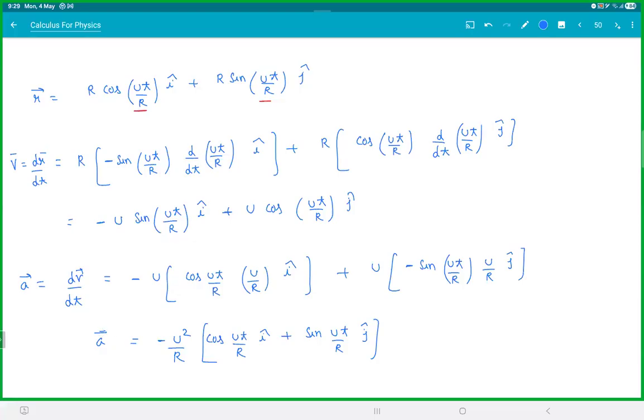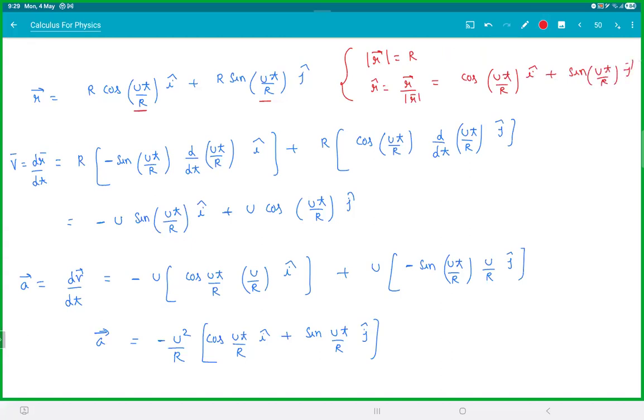And if you notice this, what is this exactly? Here, if I take r cap, see what is mod r bar? Mod r bar is r only, the radius of the vector. So r cap will be r bar by mod r. That turns out to be cos(ut by r) i cap plus sine(ut by r) j cap.